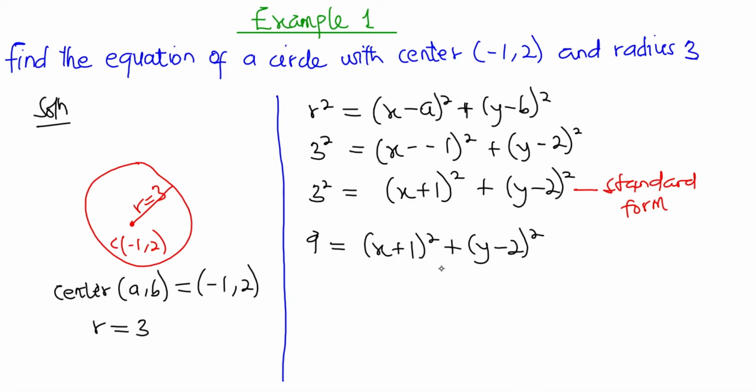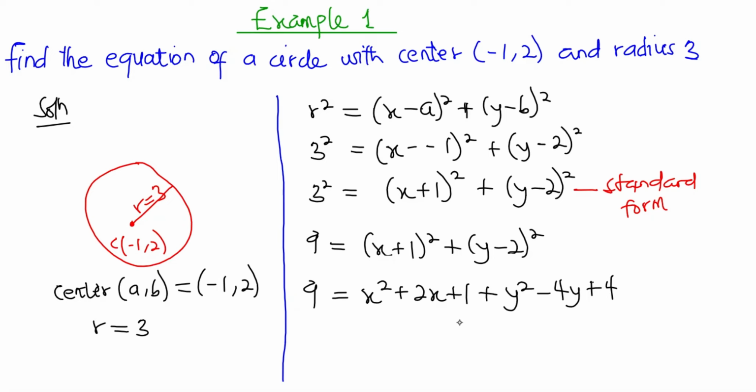So here we're going to expand the right hand side, maintaining 9 on the left hand side. Expanding (x plus 1) squared, we have x squared plus 2x plus 1, and then expanding (y plus 2) squared, we have y squared plus 4y plus 4.